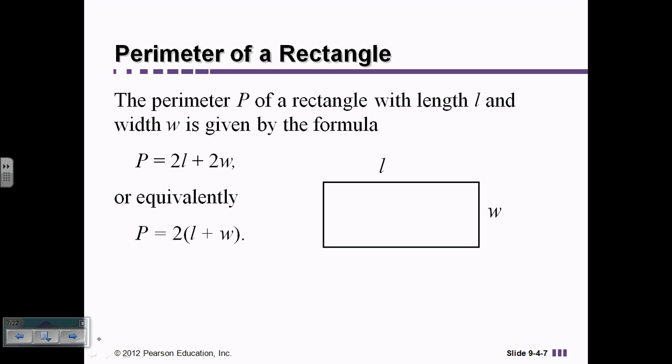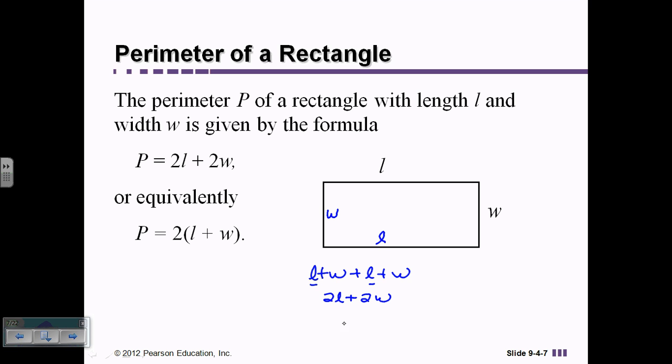And here we have a rectangle, and so to find the perimeter of the rectangle, we know that with the rectangle the opposite sides are the same, so this has a value of L also, and this has a value of W. So if I wanted to find the perimeter of this shape, I would say L plus W plus L plus W. And so that's rewritten, if we combine like terms, as 2L plus 2W.